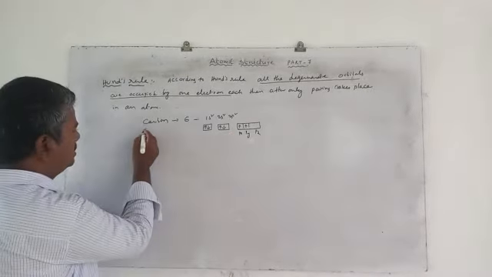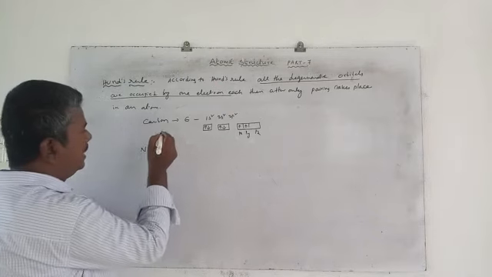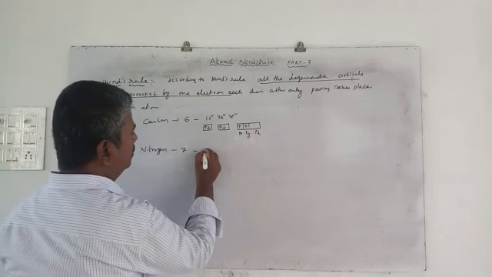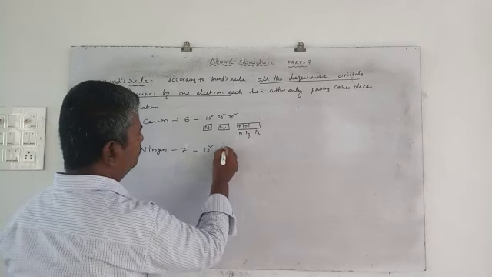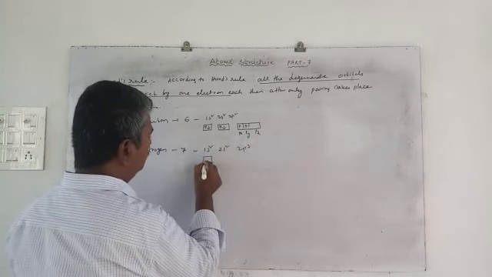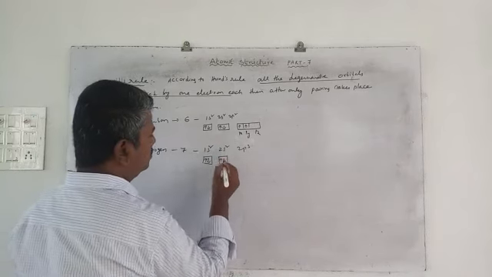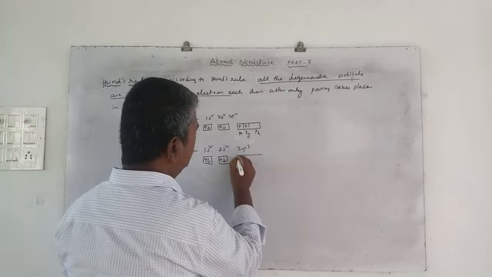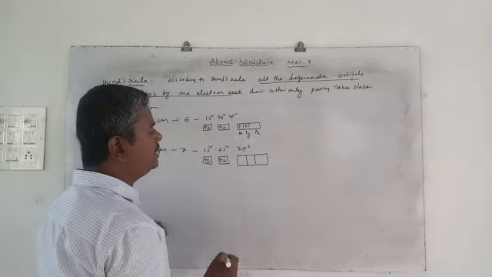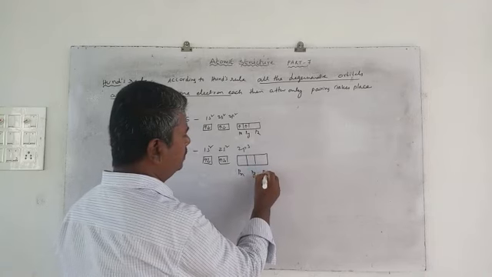For example, in the case of nitrogen, the atomic number is 7, and the electron configuration is 1s2, 2s2, 2p3. The s orbitals are filled the same way. In the case of 2p3, the p consists of 3 degenerate orbitals: this one is px, this one is py, this one is pz.